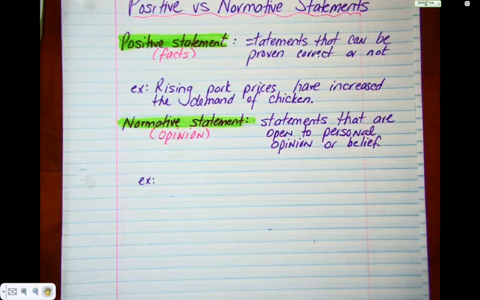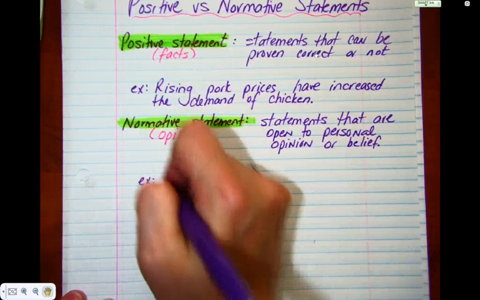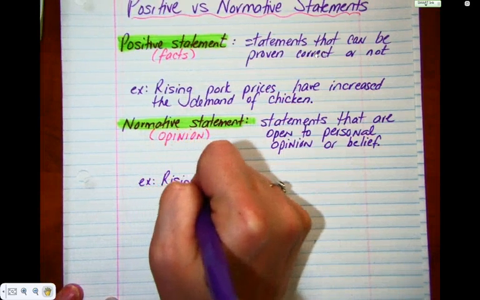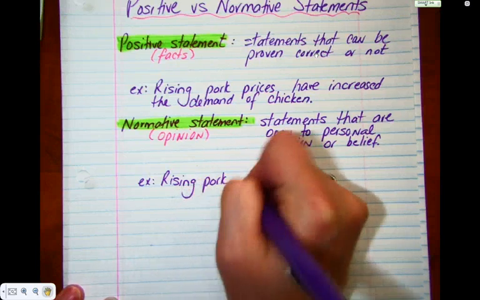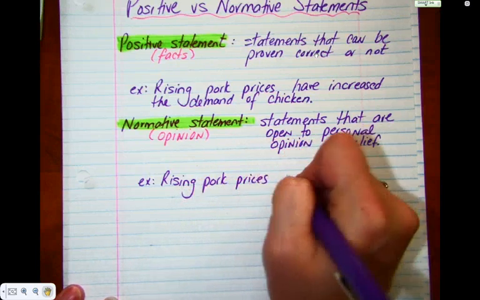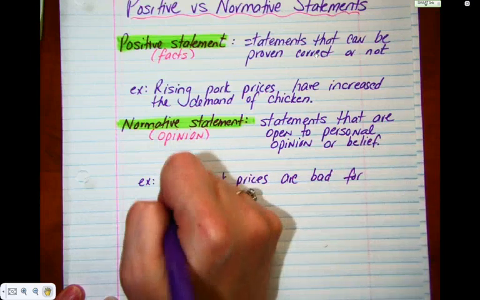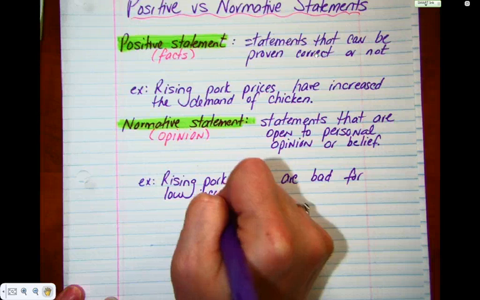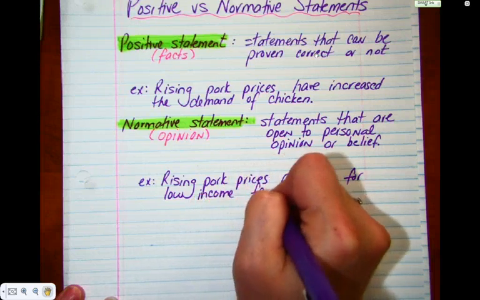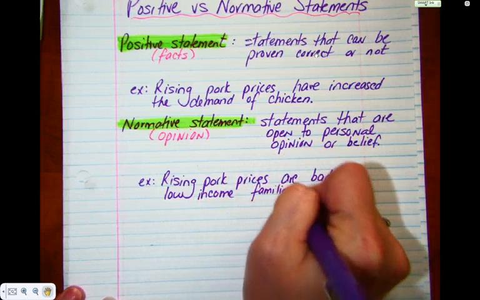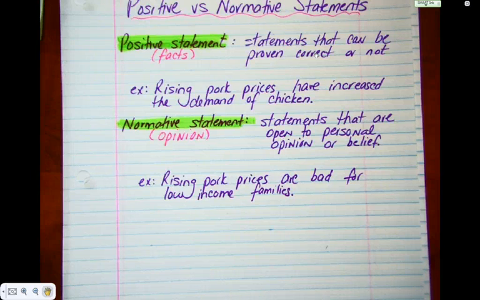What I think is bad may be not what you think is bad. But how do we prove if something is bad, right? What does that mean?